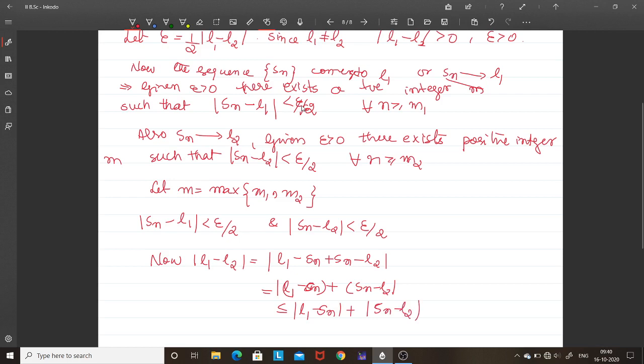This is called splitting of the terms in the modulus separately. It's called the triangle inequality. So this is less than or equal to mod Sn minus L1 plus mod Sn minus L2.